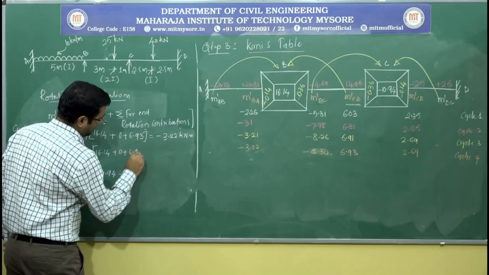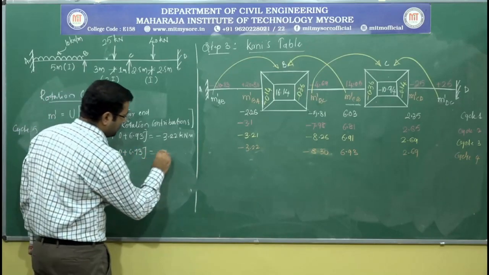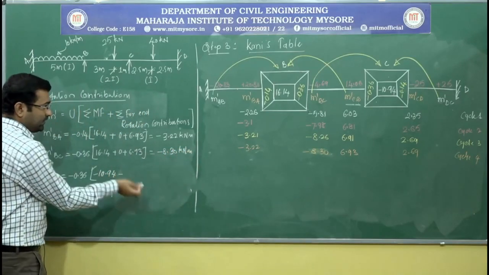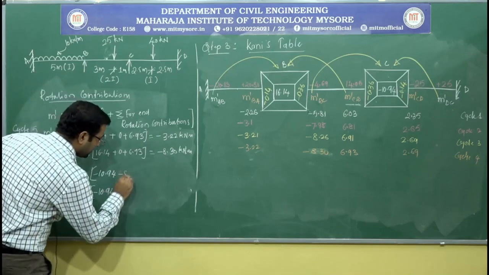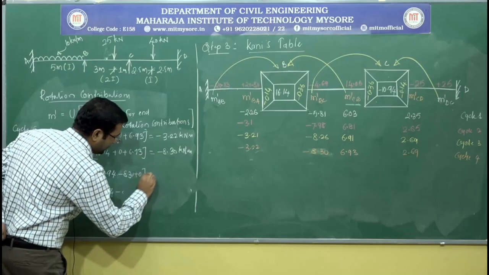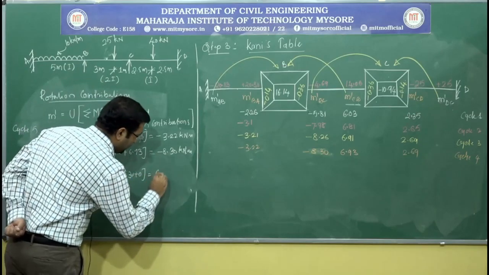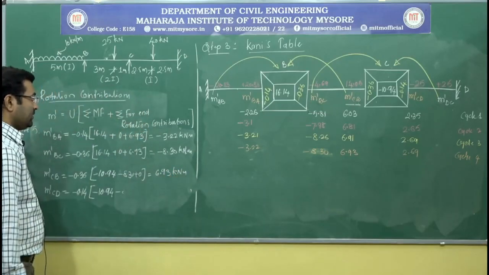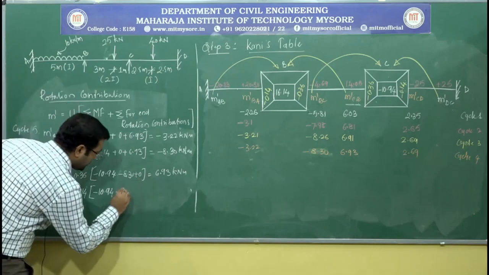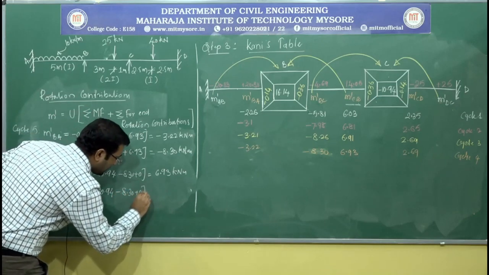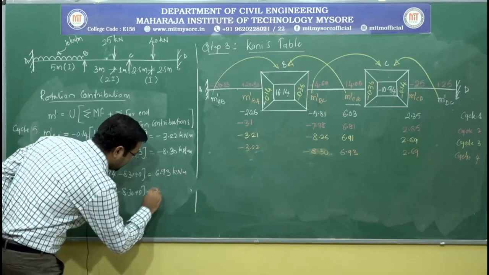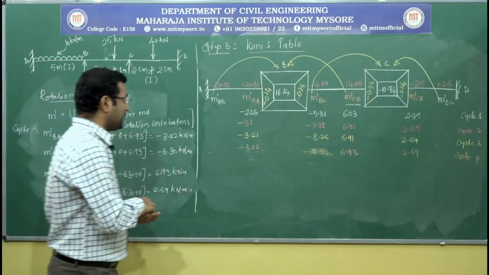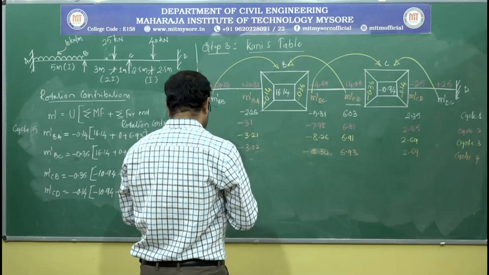So 0 plus 6.93, that gives you minus 8.30, and for the next, minus 8.30 plus 0 gives you plus 6.93, and this is also 8.30 plus 0 gives you 2.69 kilonewton meter.